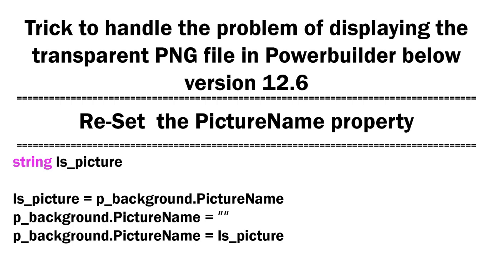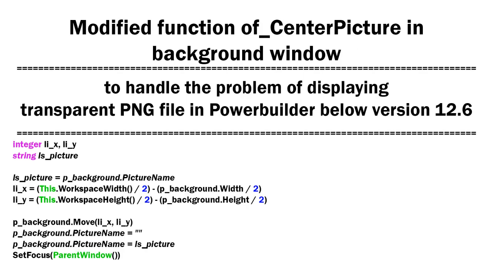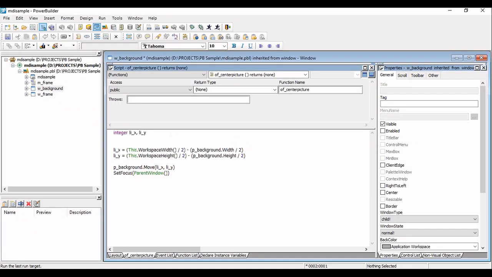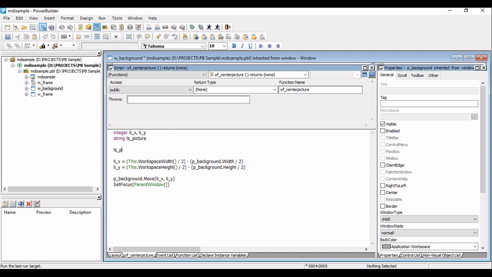So the script for that function will look like this. Save the changes and try running the application to see if it solves the problem.